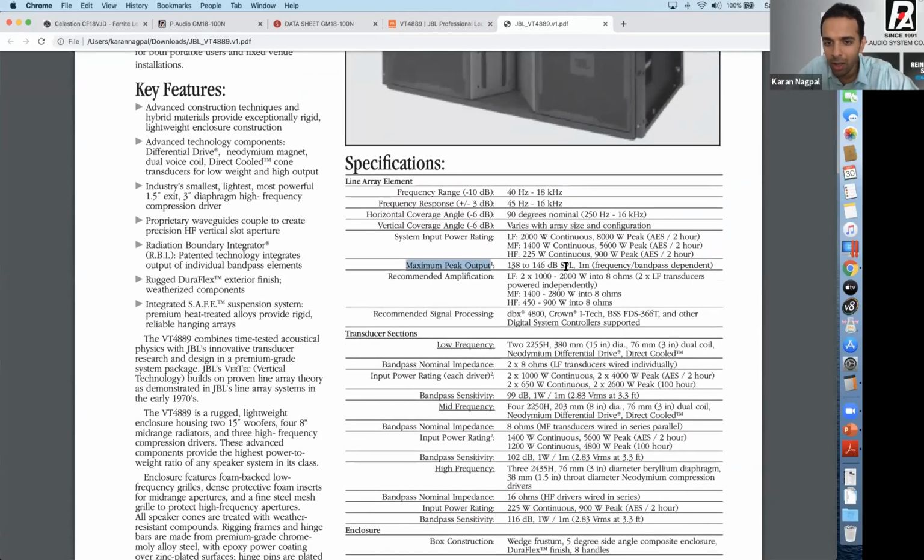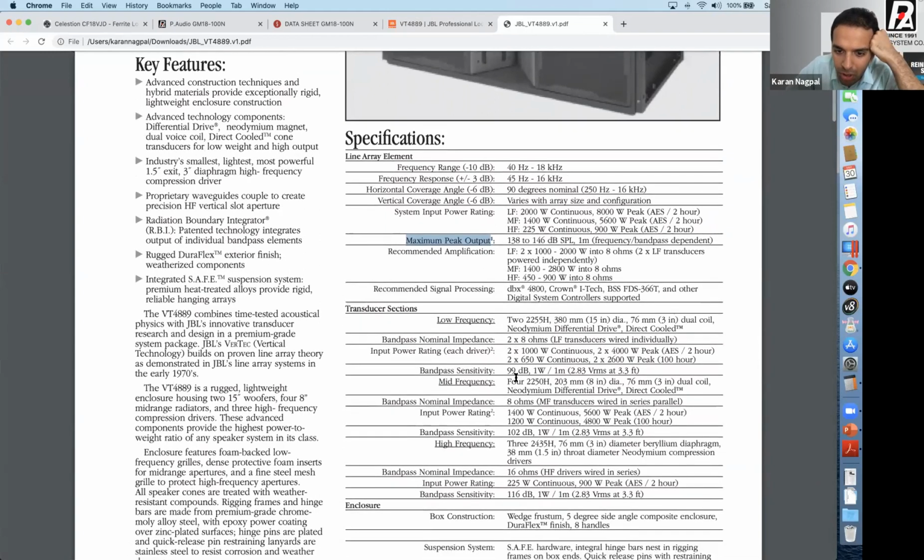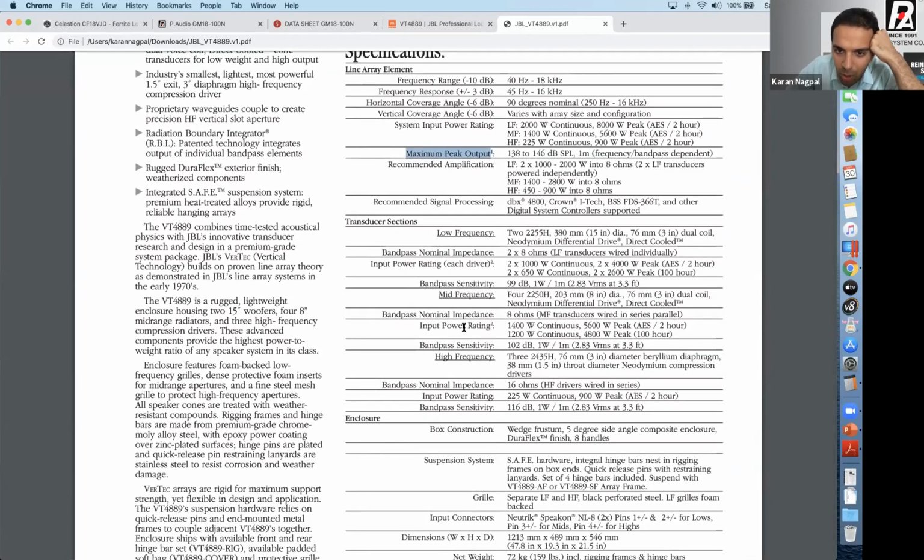That doesn't mean that sometimes it'll give you 138 and sometimes 146. 138 is more realistically what you would expect as a peak SPL out of an LF driver, and 146 would typically not be out of one HF, but out of a couple of them.